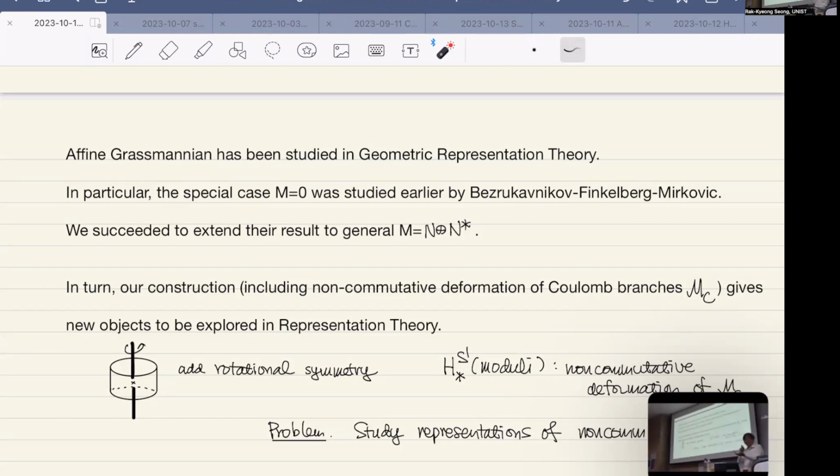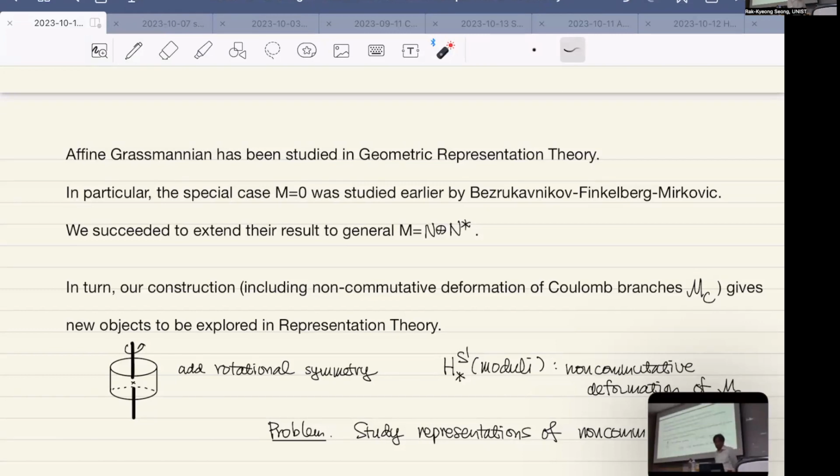So this is the Poisson bracket. And you can show that this Poisson bracket is symplectic on the smooth locus. And in fact, Bellamy recently proved that this Coulomb branch, with this Poisson bracket and the symplectic form on the regular locus, gives an example of a symplectic singularity.